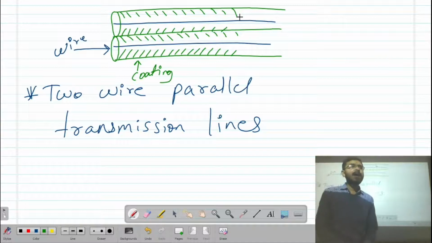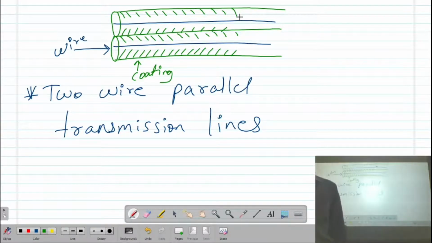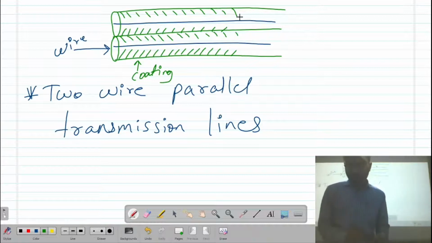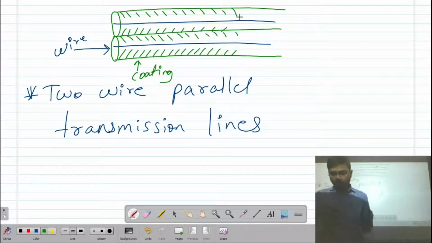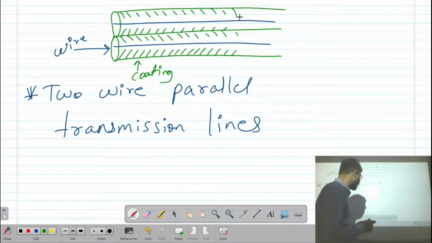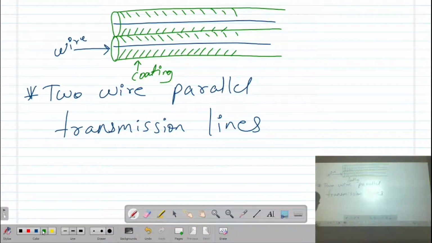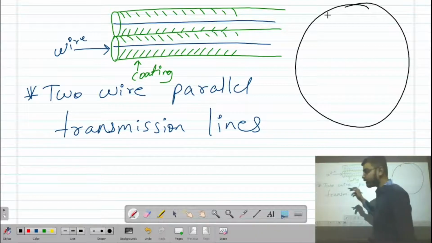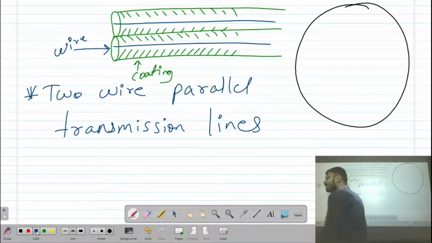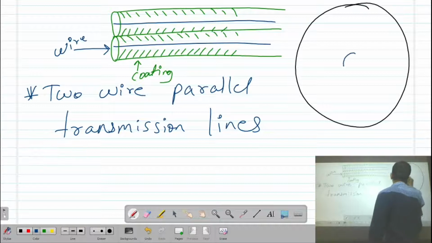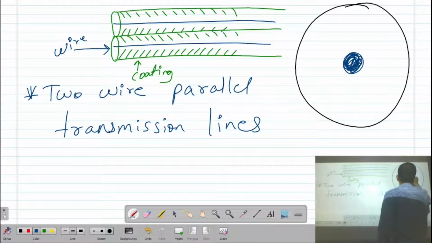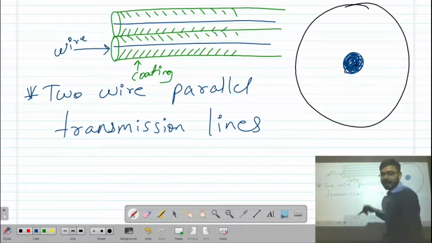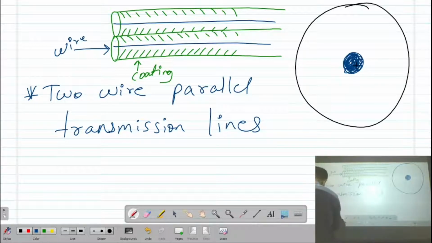Now, there is another form of transmission line, that is the coaxial transmission line. In the coaxial transmission line, a core will be there. That is also a conducting material, and inside that a metallic wire will be there. This is a metallic wire, but the core is also conducting.